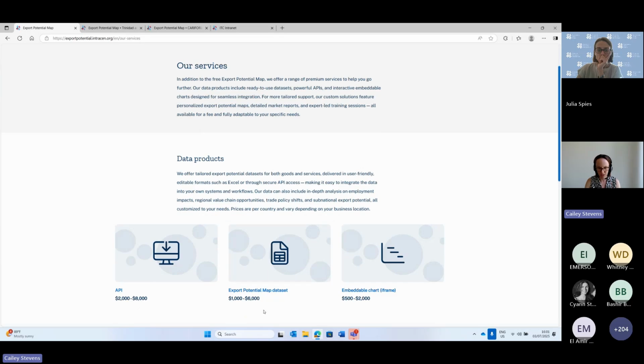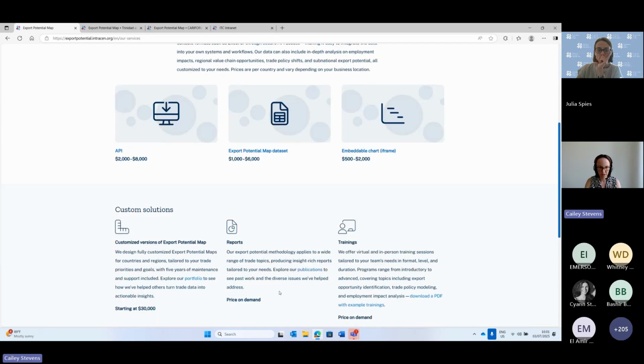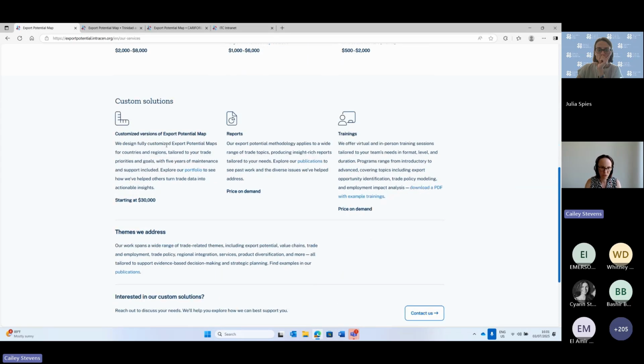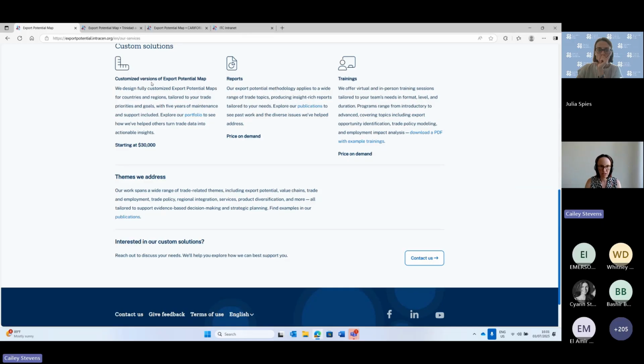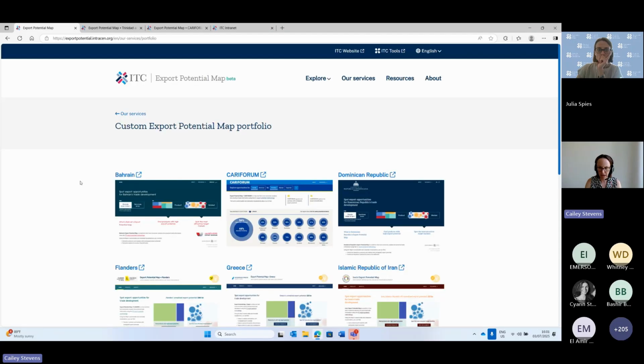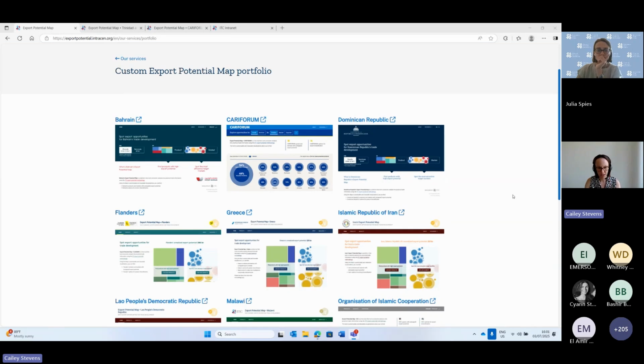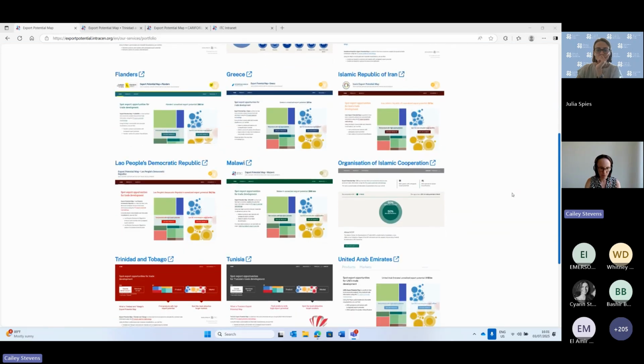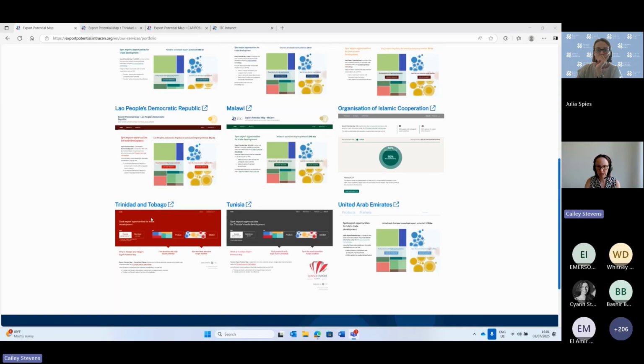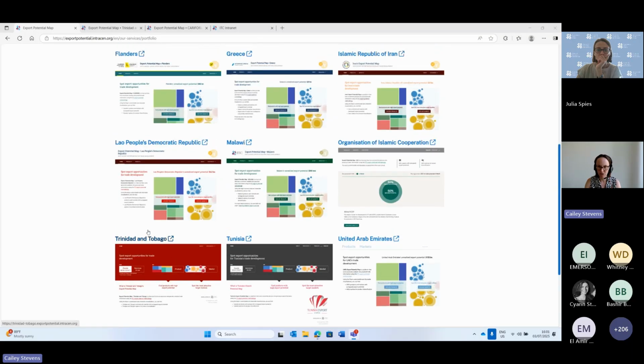Right now, we just have placeholder prices, but if you go to Custom Solutions, you will see customized versions of Export Potential Map, and you have here a link to our portfolio. If you click on that, you will see all the different customized export potential maps that we have created. For example, here you will see Trinidad and Tobago, as well as all these other ones.